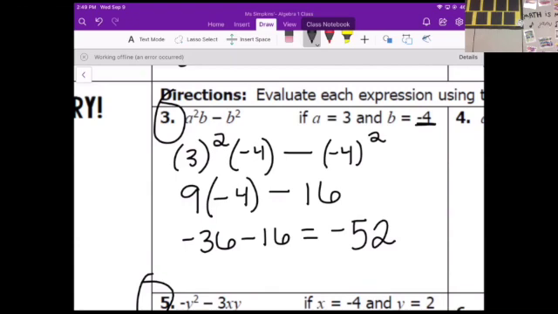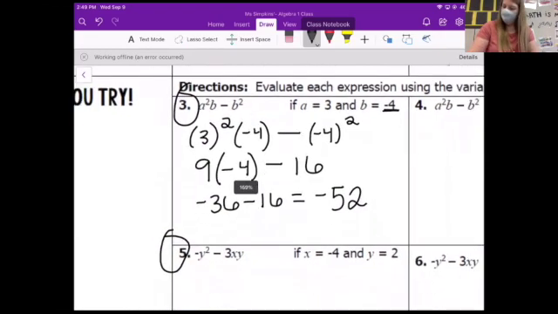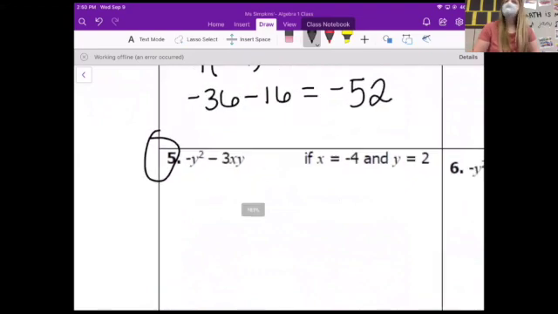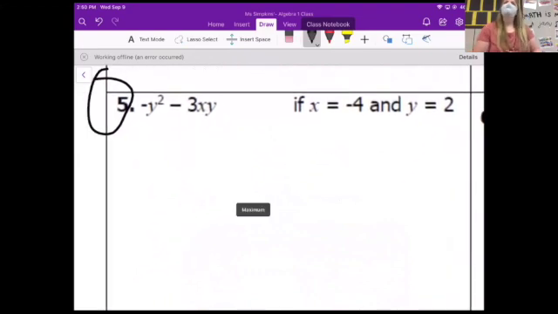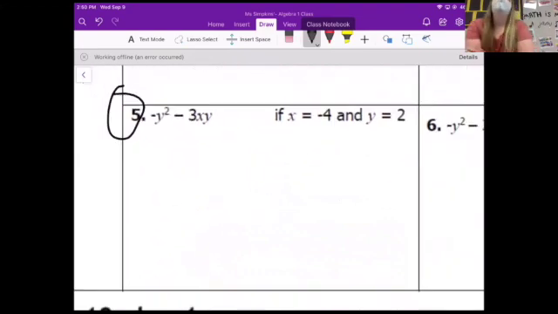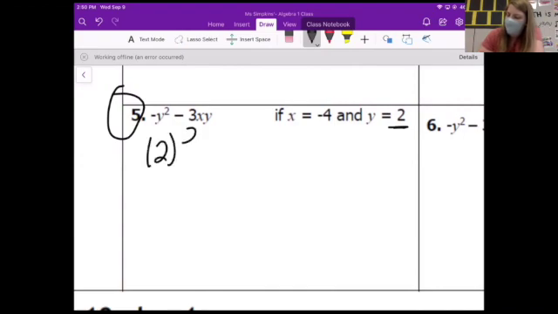Okay, so let's look at number 5. Number 5 is a tricky one because you'll see that y has what in front of it? A negative, right? That y has a negative in front of it, and that's important. So if I'm substituting 2 in, I am not going to put that negative in the parentheses.